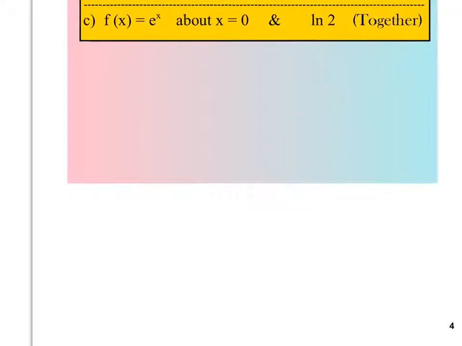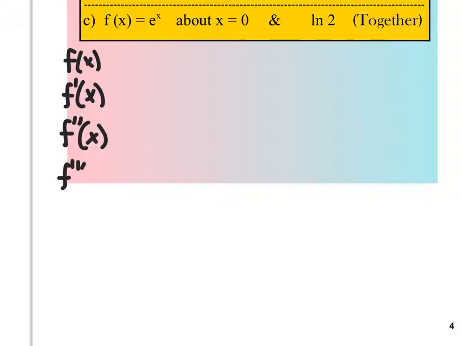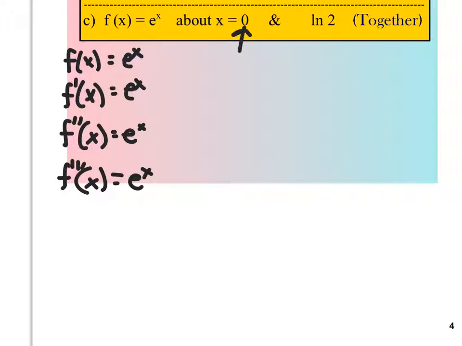I want to look at real quick how awesome the Taylor polynomial for f of x equals e to the x is. What's cool is that we know this about, let's go out to, I don't know, let's go third degree. What we know about e to the x is that its derivative is itself. So we get e to the x all the way down, which is great. So if I want to build a Maclaurin series about 0, it's pretty easy.